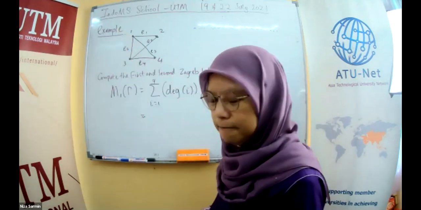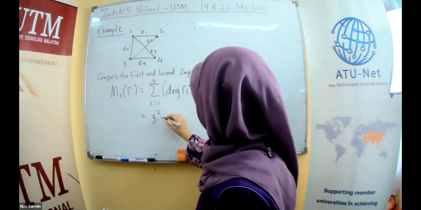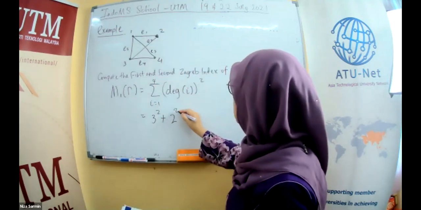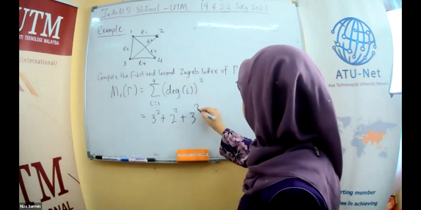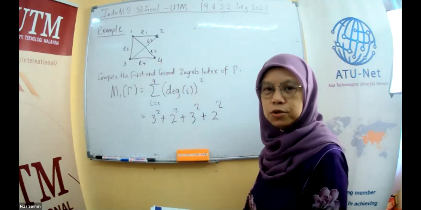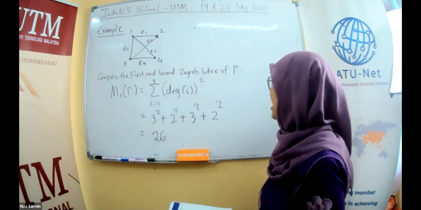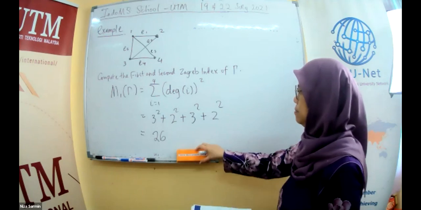What's the degree? 3, right? 3 squared. Second one, 2 squared. The third one, 3 squared. And the fourth one, 2 squared. So, easy, right? 26. Okay. Now we go to the second one.